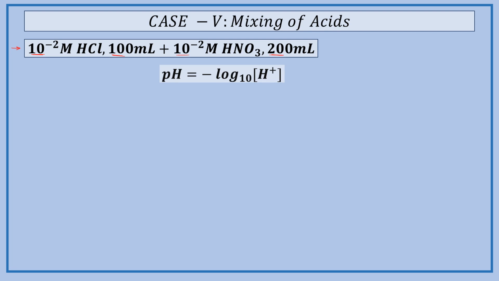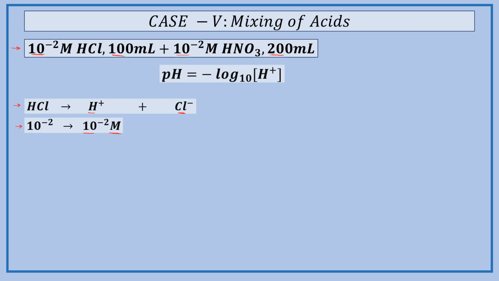The dissociation of HCl is known to us. HCl dissociates in the form of H plus ion and Cl minus ion, and it is a strong acid. So whatever is the concentration of acid, entire 100% dissociation will take place, and we will have the concentration of H plus ion to be equal to 10 to the power minus 2 molar.